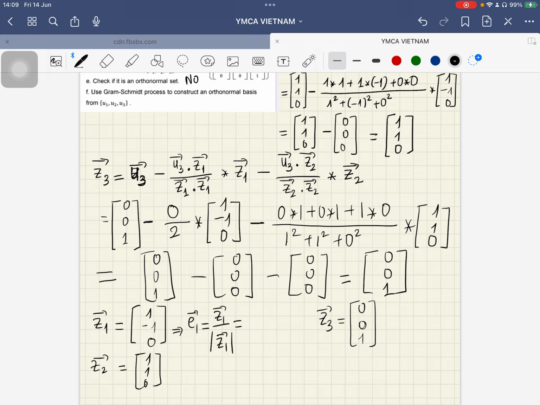The length of Z1 is, let me write it here, equal to the square root of 1 square plus -1 square plus 0 square, and that is the square root of 2. So we have here is equal to 1 divided by square root of 2, -1 divided by square root of 2, and 0.